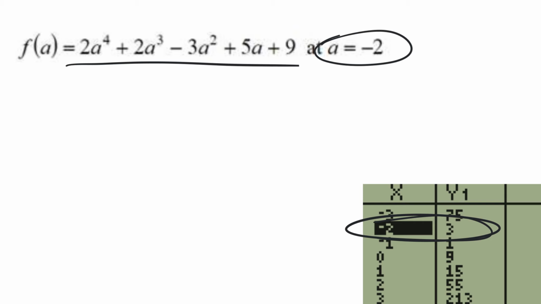So what is the result when -2 comes in? Done. F of -2 equals 3. Done. That is the heart of this question. So the easiest way to solve this is really to just go to your calculator, plug in the equation, and look up the number that they want you to look up.